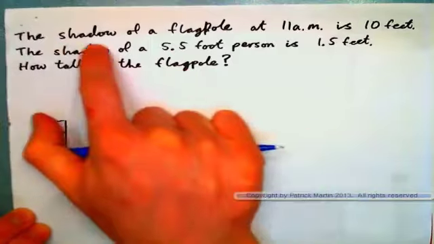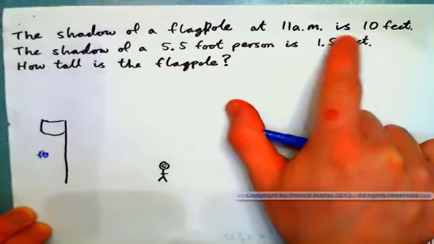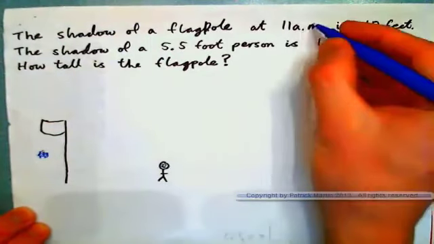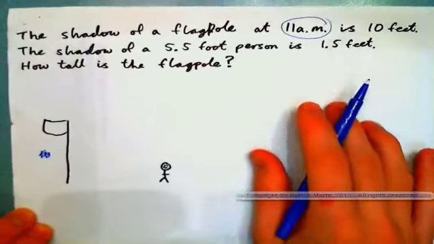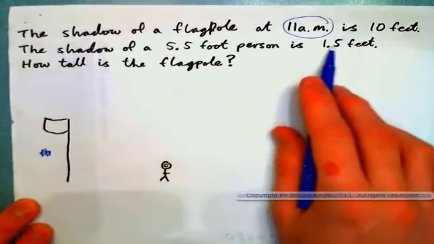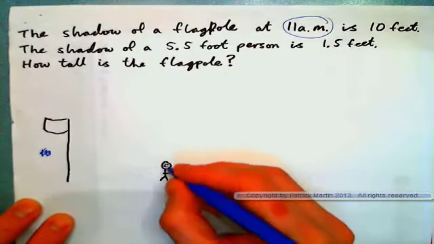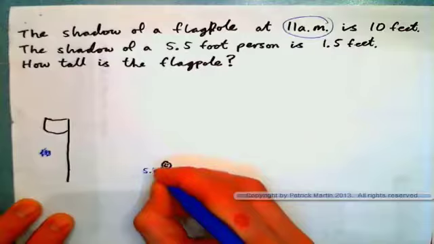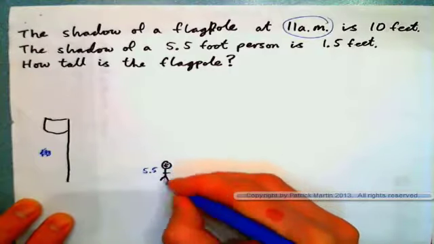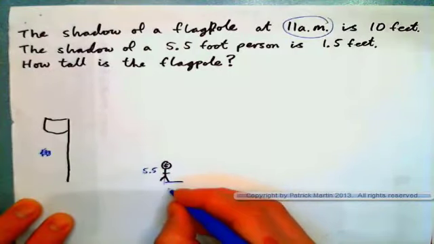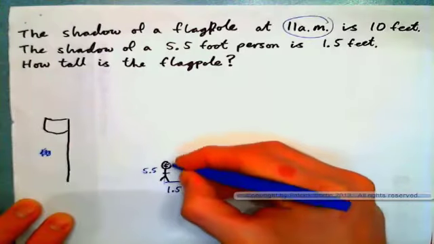Okay, so the shadow of a flagpole is 10 feet, and that's at 11 a.m. The shadow of a 5.5 foot person is 1.5 feet. How tall is the flagpole? So the person is 5.5 feet tall, and their shadow is only 1.5 feet long.